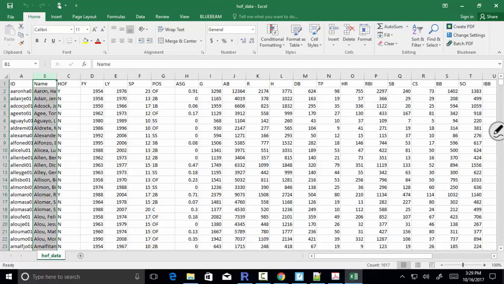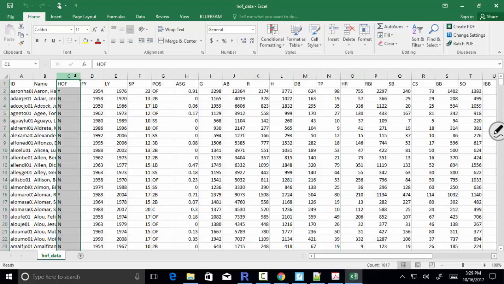These are people who played at some point in Major League Baseball, the main U.S. professional baseball league. We have their first season that they played, their last season, total number of seasons played, a categorical variable that tells us which position they played, percentage of seasons that they made the All-Star game, and then a bunch of numeric variables, how many games, how many at-bats, how many runs, hits, doubles, triples, home runs, and so on.